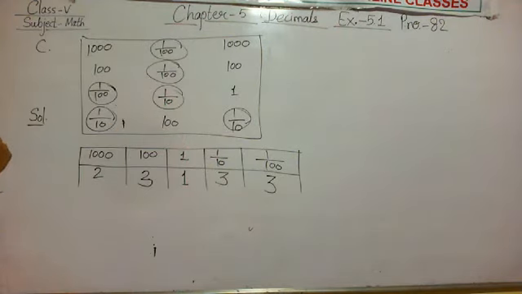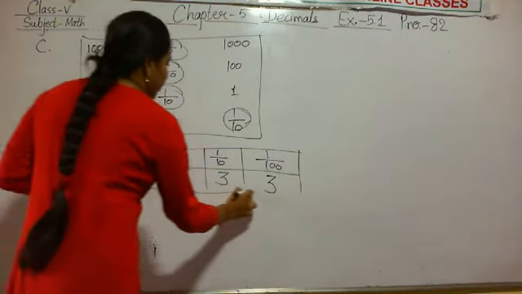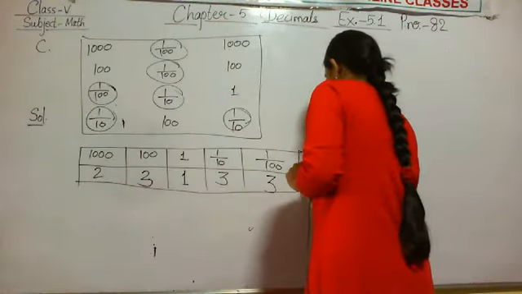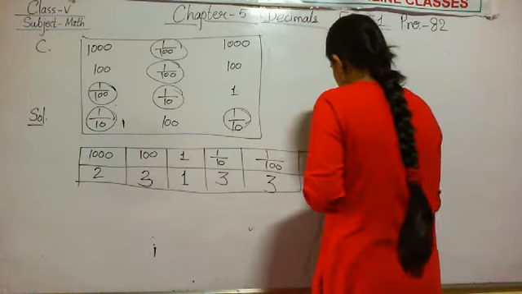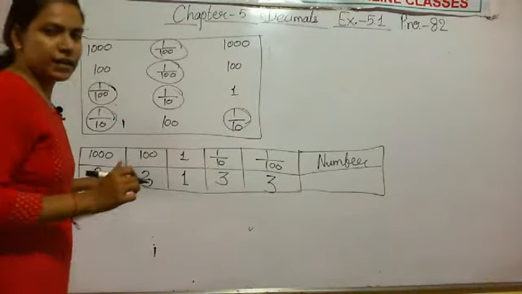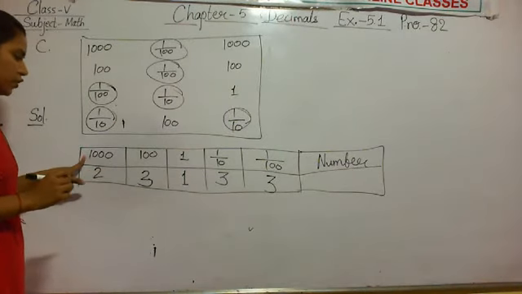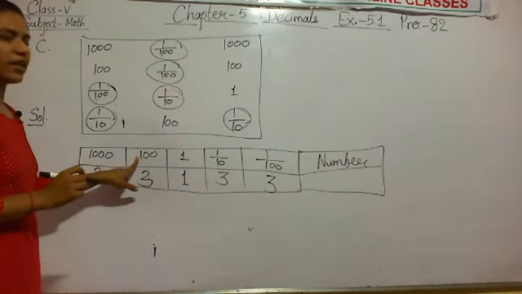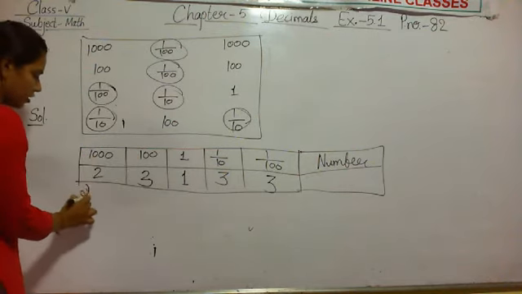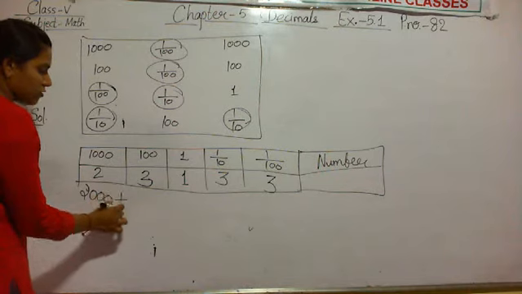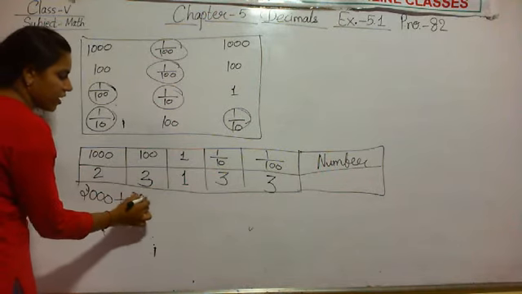All numbers are covered here. Now what will be the number? The 2 is located at the 1000's place, so here it is 2000. 3 is located at the 100's place, which means it represents 300.